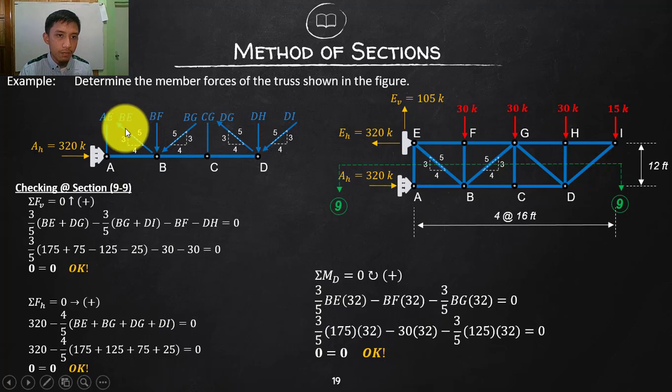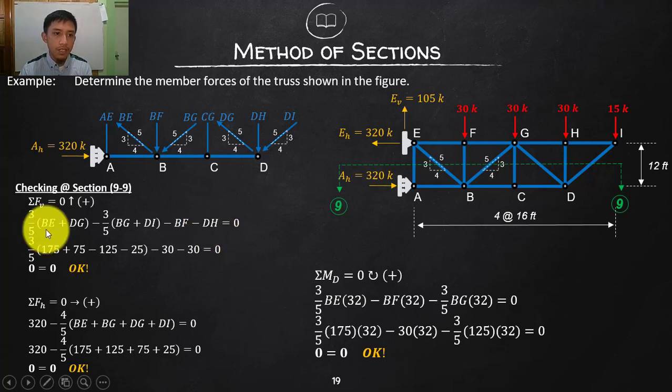The components of BE and DG are the going up forces, so 3/5 of BE and DG, and then going down, the components of BG and DI with 3/5, so negative. And then purely going down, BF and DH, negative, negative.